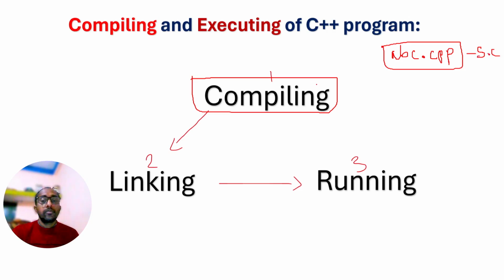After compilation, it will change to abc.obj. This is the machine-readable format, the object file. This will be compiled.